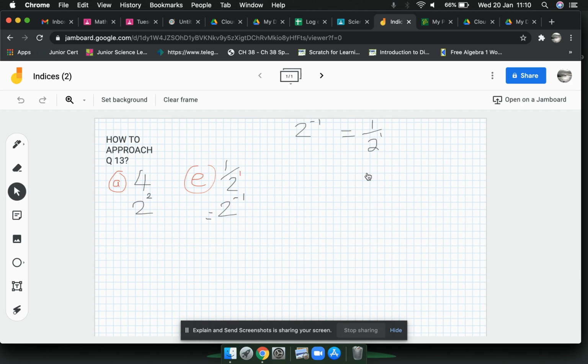Let's say, for argument's sake, if I have 9 to the power of minus 1, then 9 to the power of minus 1 could be rewritten as 1 over 9. So again, if you can't remember that rule, you need to revise it, okay? So that is how you do part E, and I'll just do one final part for you, and then I'll let you go. So let's see, part I.